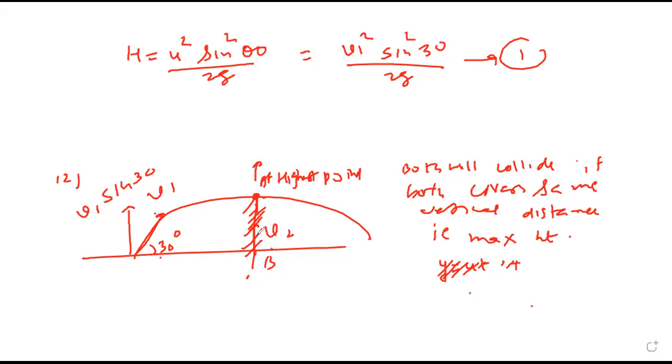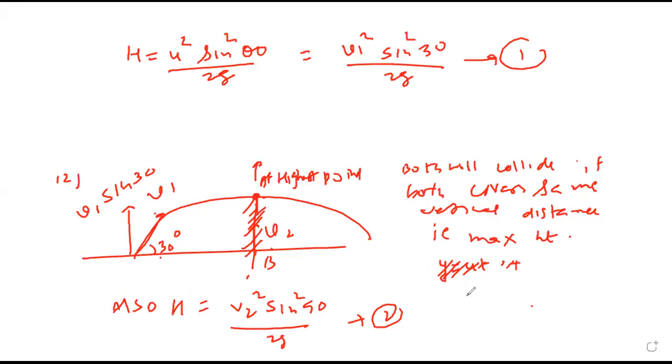So v2 square upon 2g because sin 90 equals 1. So h will be v2 square sine square 90 upon 2g.